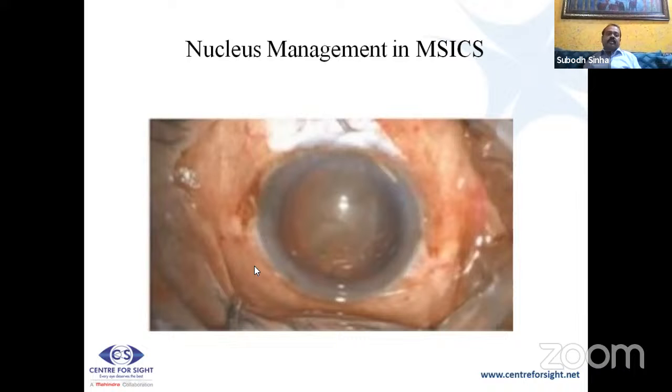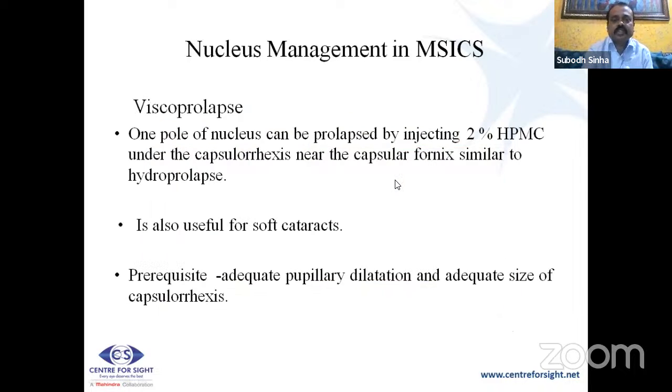So here we have injected the fluid and this pole has lifted. Then you use the hydrocannula to tire out the whole nucleus from this side. Instead of hydro, you can also use visco.